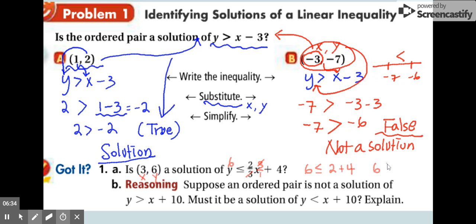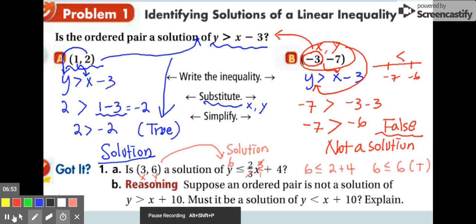Is 6 less than or equal to 6? Equal to 6, so it is true. So is this one a solution? Yes, it is a solution of this inequality. One of the solutions, not just one. Okay, please copy it down.